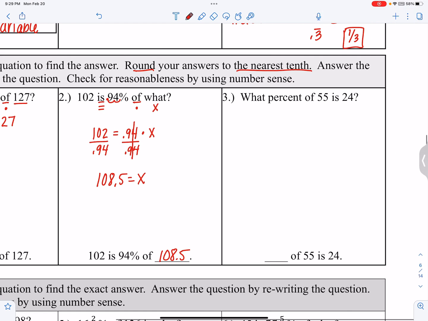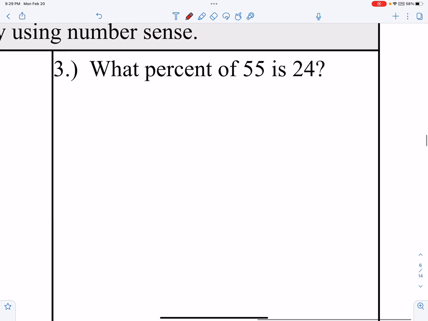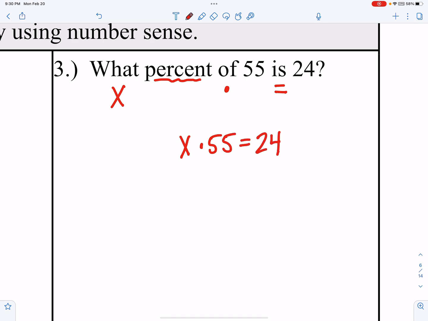All right, let's take a look at this next one. We have "what percent," so here's my variable. Pay attention to this percent as my variable here: what percent of 55 is 24? So we have x times 55 equals 24.